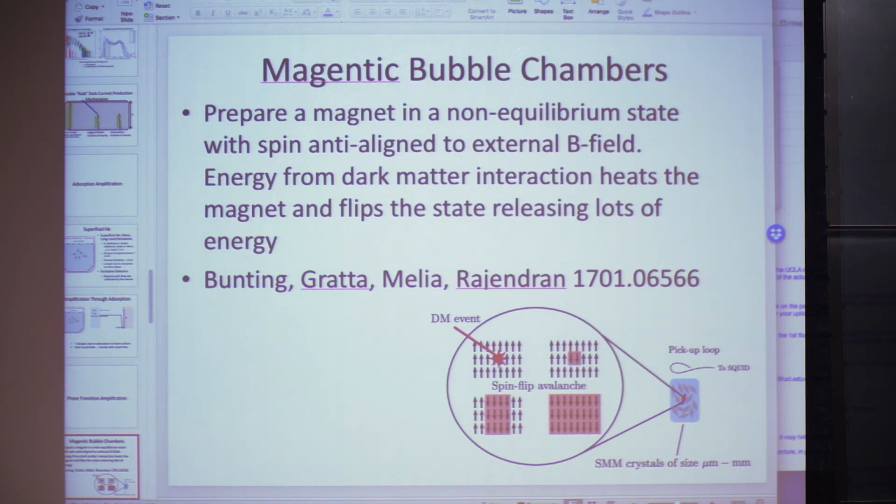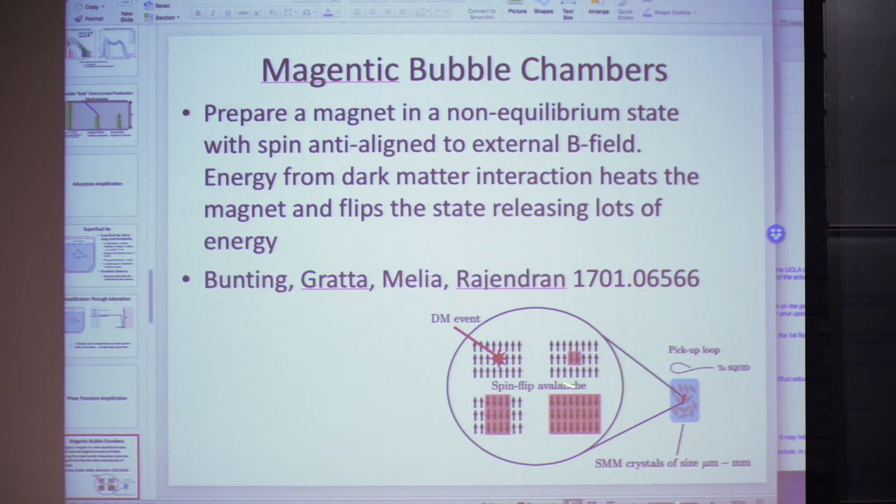But it's impossible to have all of those flip at the same time, so they're just stuck up here in a very non-equilibrium situation. Now a dark matter event comes in, hits one of them, and starts to heat them up. And once they're hot, now those spins can flip.